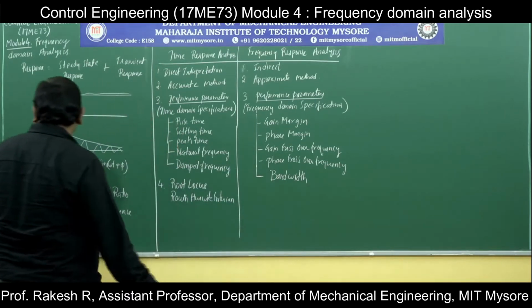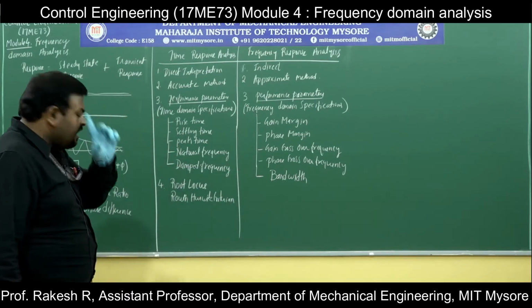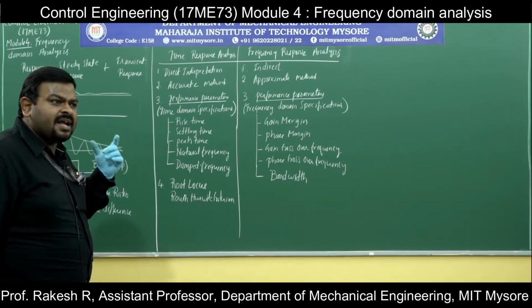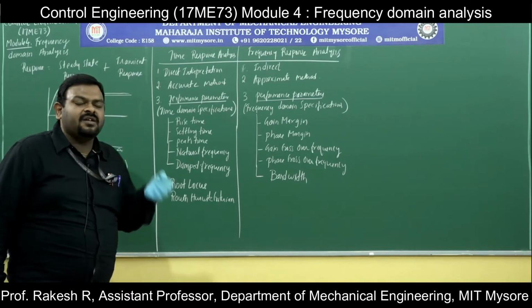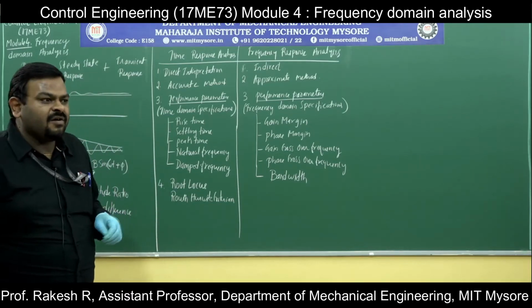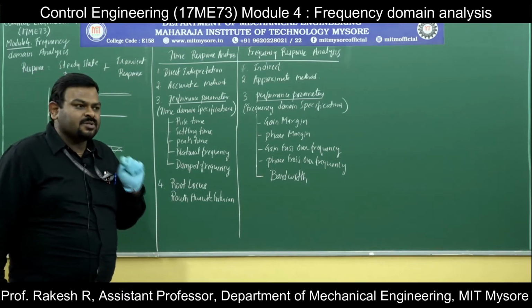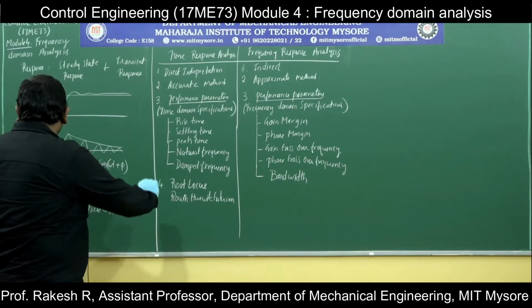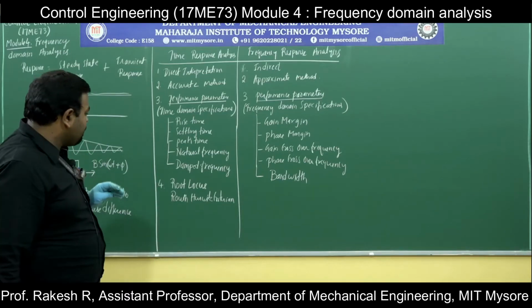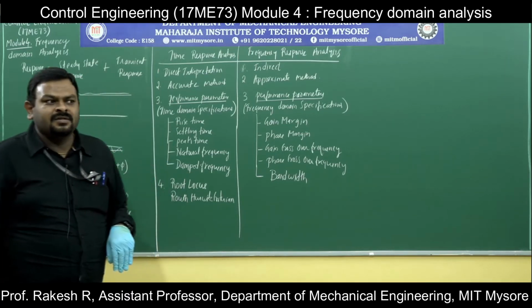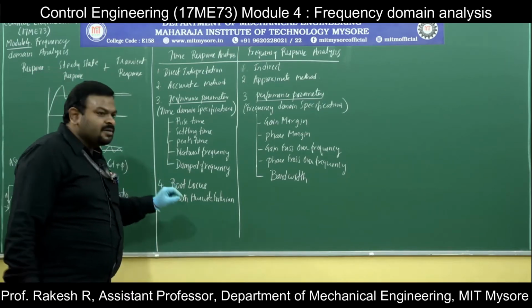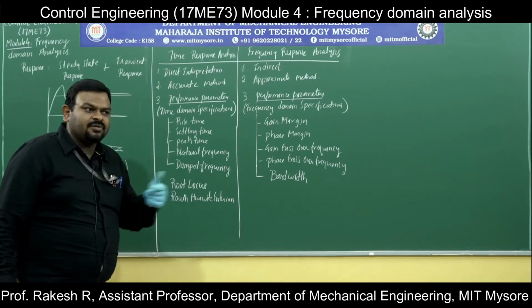So these two approaches are very important here, and the time response analysis is always based on location of poles and zeros. So that's why here we will be writing directly it is based on poles, zeros, location. That is another important point. So that location, there is a solution for that.